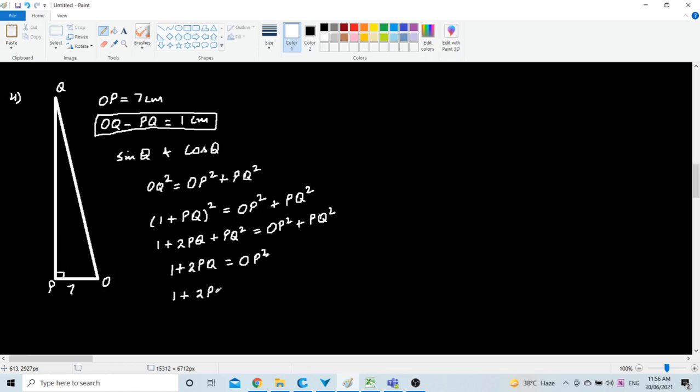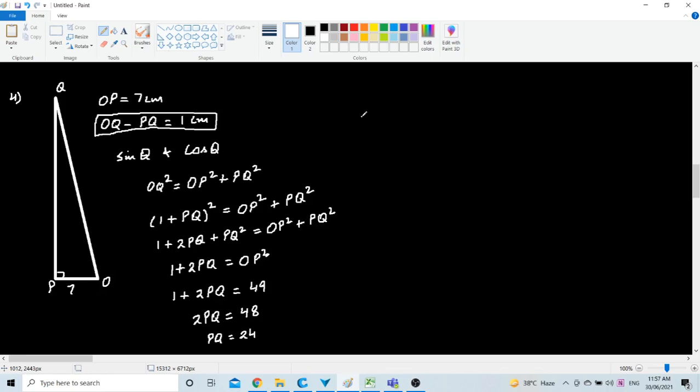So now we have to find out OQ. You can find out OQ using Pythagoras theorem also. But it is given to you that OQ minus PQ equal to 1.